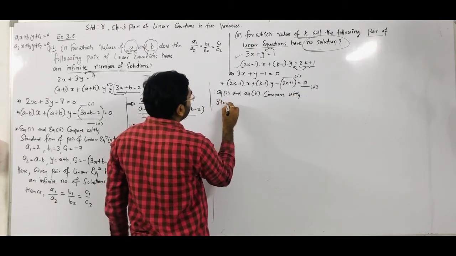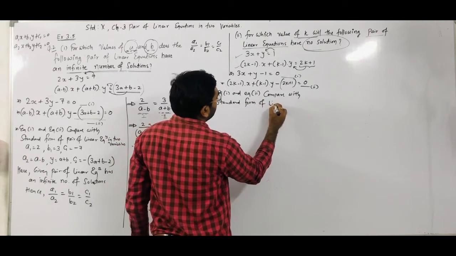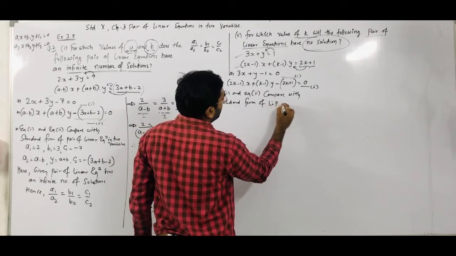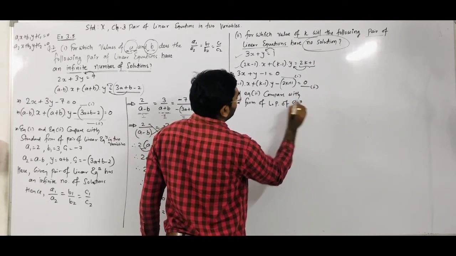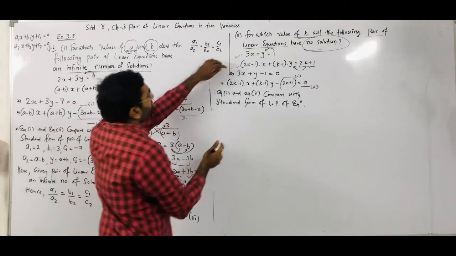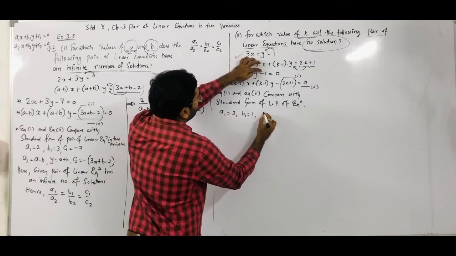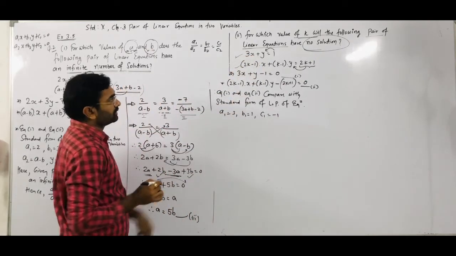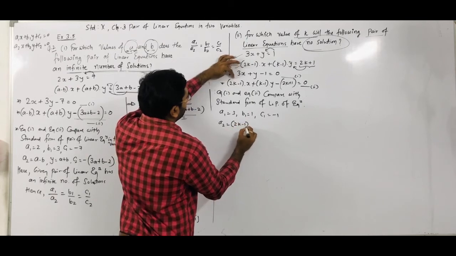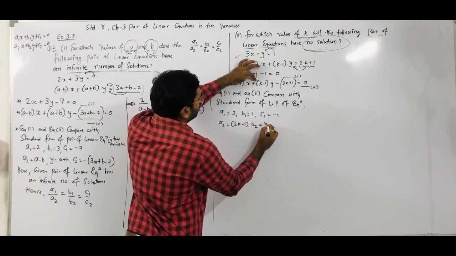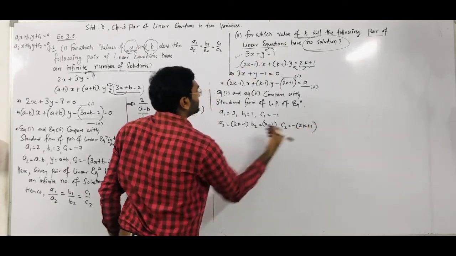We compare equation 1 and equation 2 with the standard form of a linear pair of equations in two variables. For the second equation, the a2 value we get is 2k minus 1, the b2 value is k minus 1, and the c2 value is minus 2k plus 1.